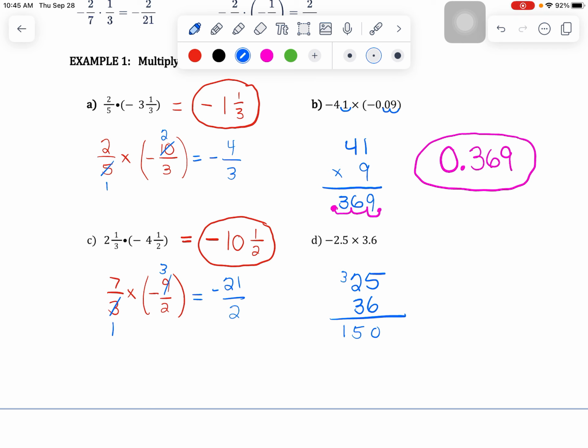I add my 0. 3 times 5 was 15. 2 times 3 is 6 plus the 1 is 7. Right? We add those numbers together and we end up with 900.